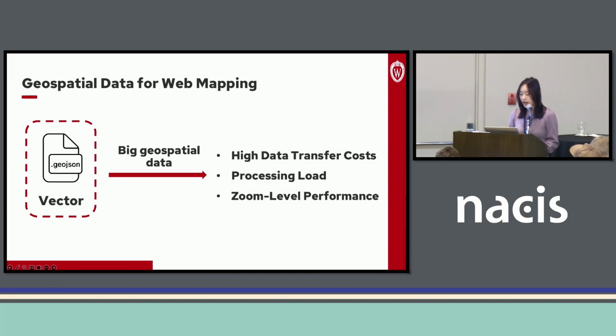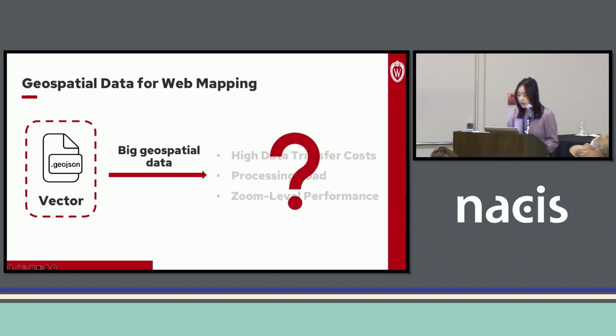As we zoom in and out, vectors need to be dynamically redrawn and reprocessed, which can lead to performance lags or delays, especially with large data sets. So these drawbacks make it difficult and sometimes even impractical to use vector data for mapping large geospatial data sets.